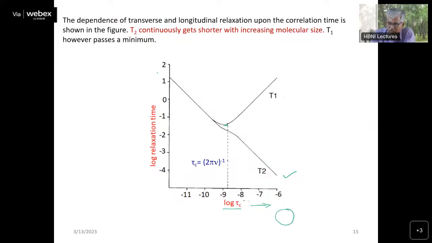That means if the size of the molecule increases, you will have a shorter T2. Shorter T2 means you will have a broader line. That's why if you go for macromolecules like proteins, you will see the lines are quite broad because of this correlation time effect on T2.